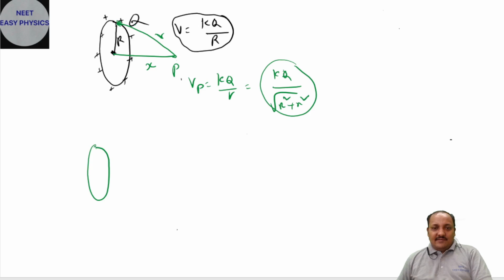Two rings they have given of the same radius, parallel to each other, both separated by a distance 2R, that is their wish. Now what is the potential at the center of one of the rings, O1, and the center of the other ring, O2?